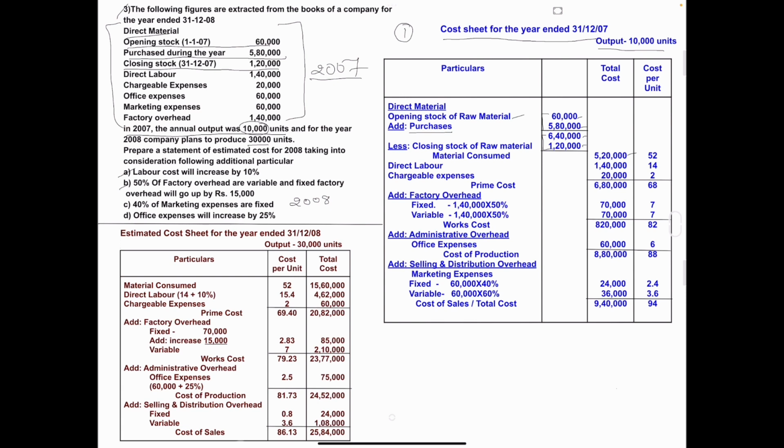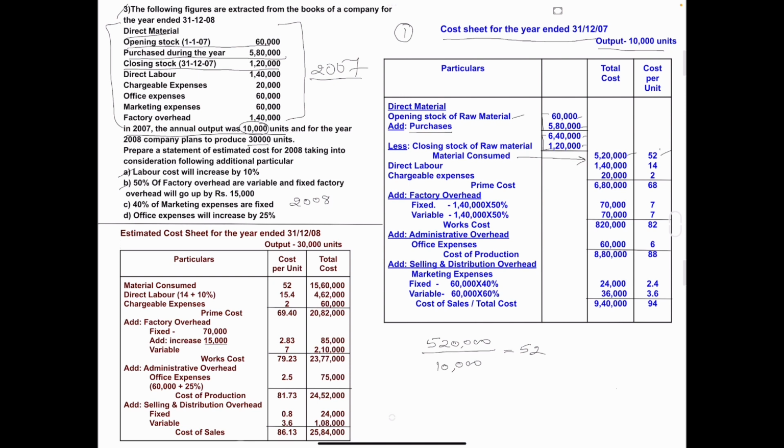This is the total material consumed. Again we have to find out cost per unit. For that, 5,20,000 divided by 10,000, the number of units produced, and you will get 52. This is called material consumed.